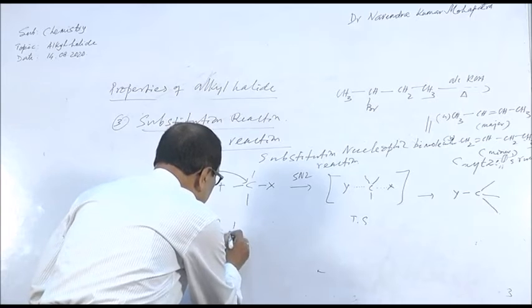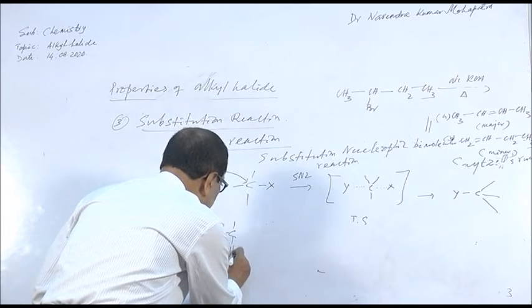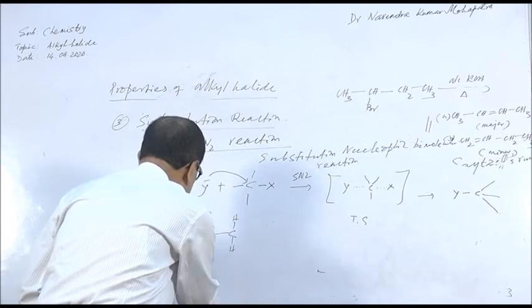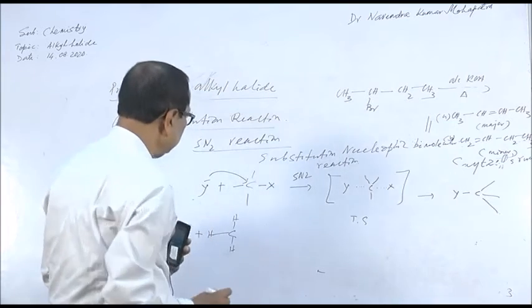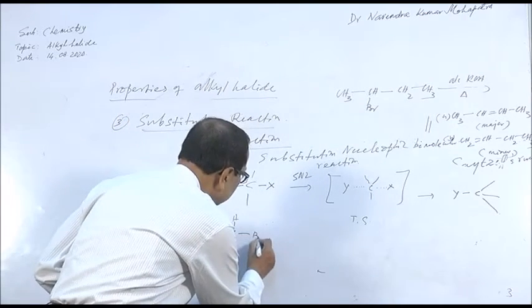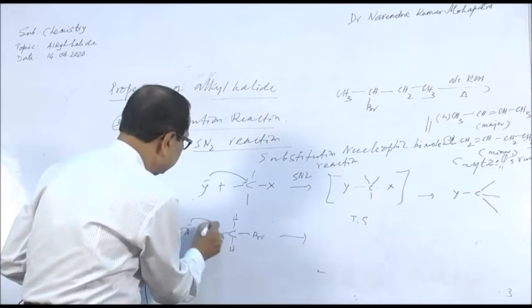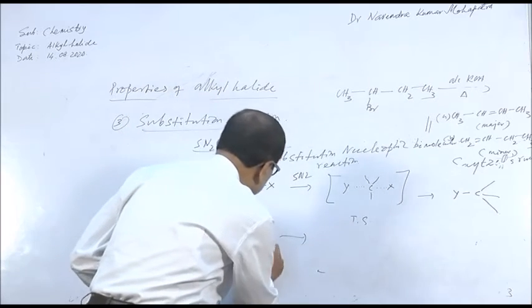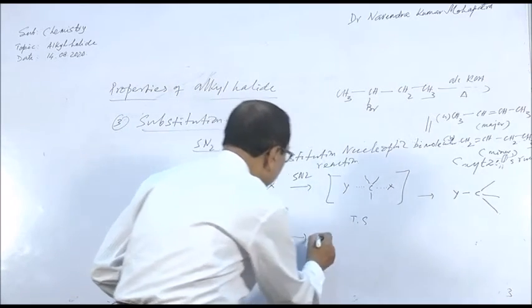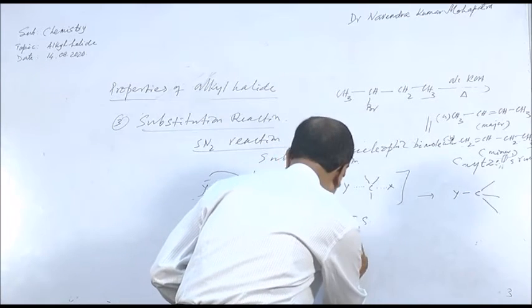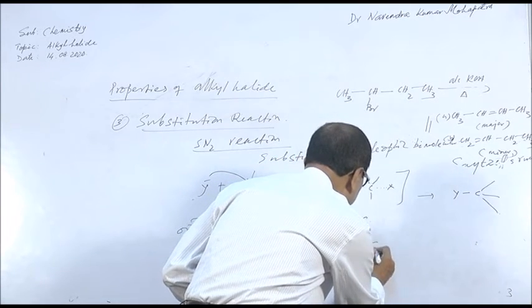See, CH3X plus, say, OH minus, the nucleophile is OH minus here. Then this attacks, this group departs, and we get a transition state with OH minus.